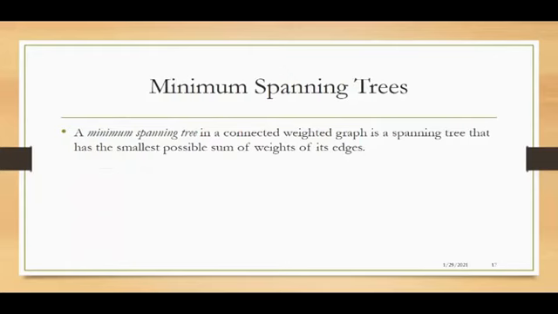Both of the algorithms keep on adding the smallest weight from those edges with a specified property, that is, they have not already been used. Both the algorithms are greedy algorithms. So let me just make a note of it here. So they are greedy algorithms. We will study each of them in detail.